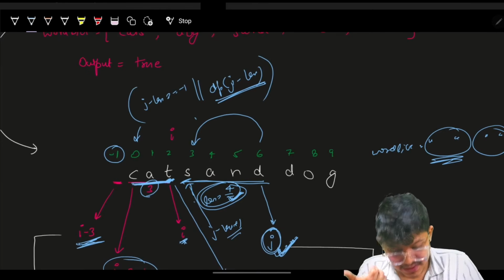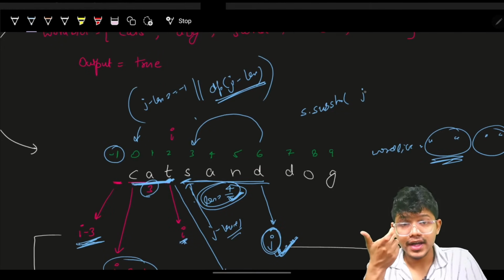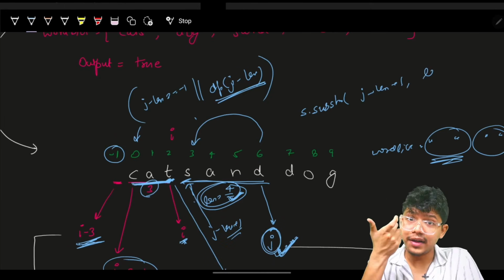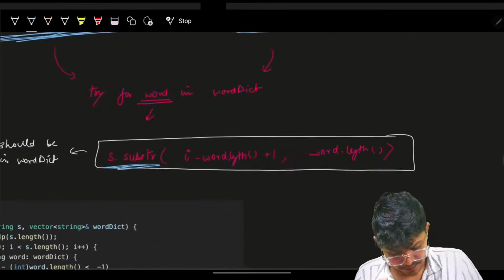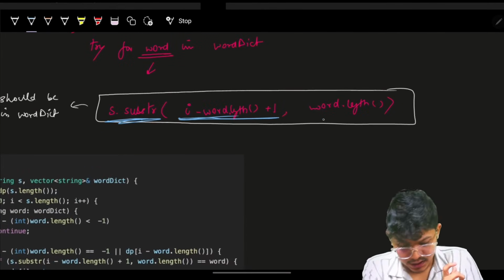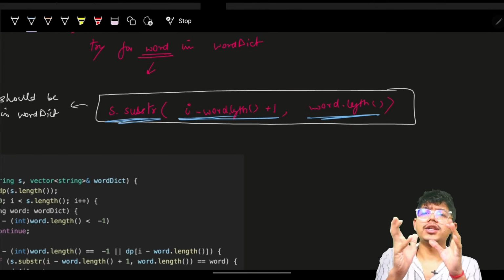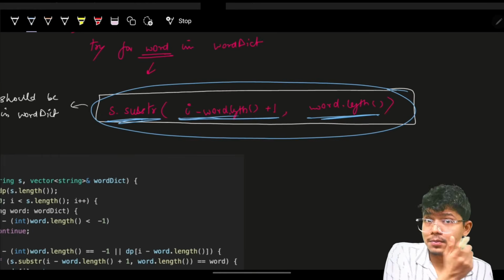That means s dot substr starting from index j minus length plus 1 of length should match with my word. It's the string I am trying to form, and it should match my word itself.